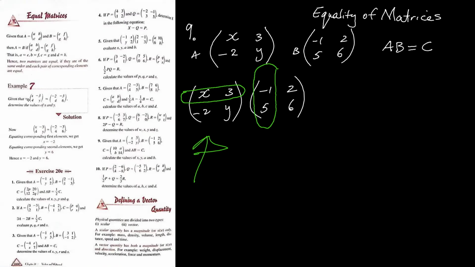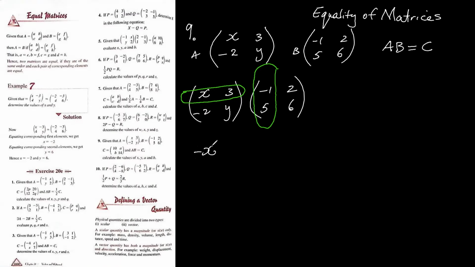Okay, so good. Now remember, when we are multiplying row by column, I'm going to take the first number or element, which is X, and multiply it by the first number or element in column 1. So X by -1 is -X.